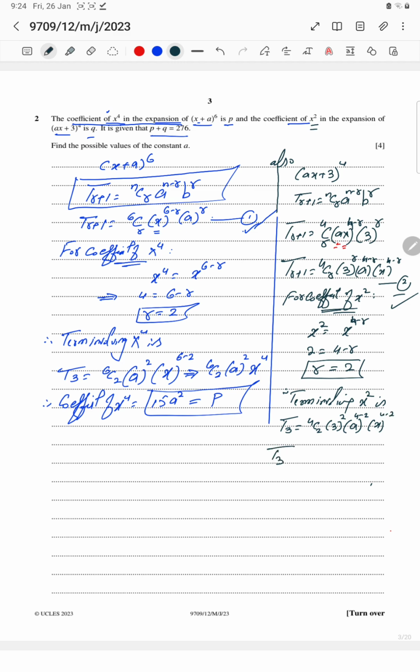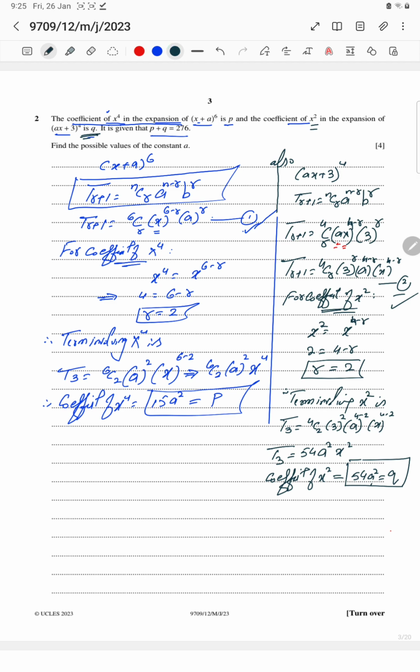With the calculator, 4C2 comes to be 6 and 3 power 2 is 9, 6 nines are 54, a^2 x^2. Therefore we can say the coefficient of x^2 for the expansion is equal to 54a^2, and that is equal to q, given in the statement. So this is the second case.